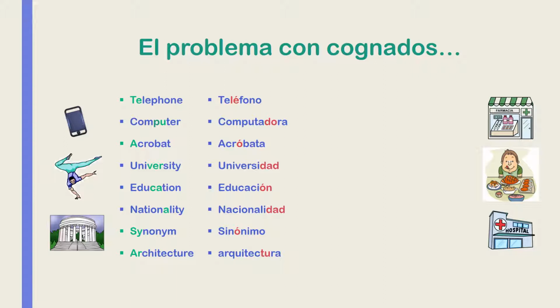But when you pronounce them, English speakers sometimes have a habit of letting their English pronunciation affect them, they let English get in the way. One of the problems here, el problema con cognados, one of them has to do exactly with what we're talking about, emphasis.